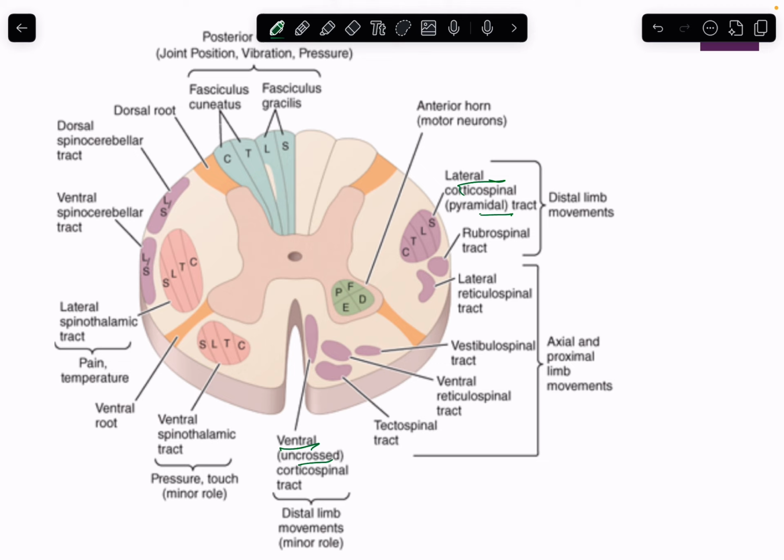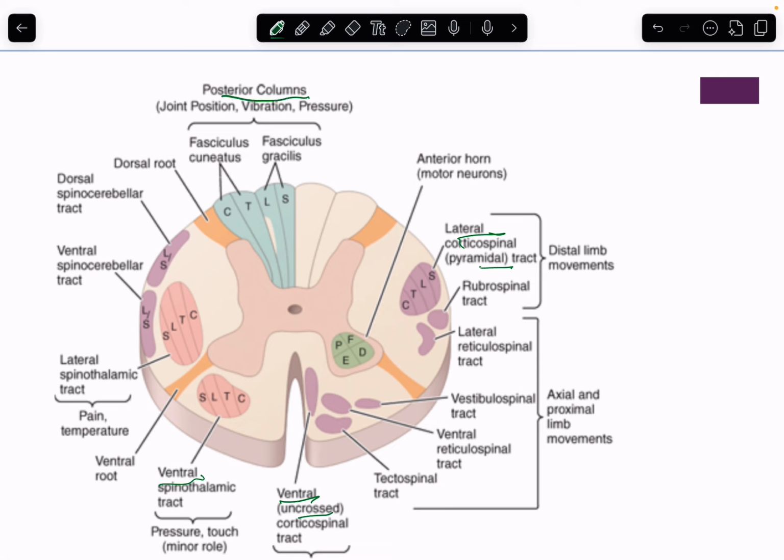Okay, so the ventral spinothalamic tract on this side is one of the two major ascending tracts. It is responsible for carrying pressure and crude touch, while the posterior column is responsible for the other sensations, which are joint position, vibration, and pressure.